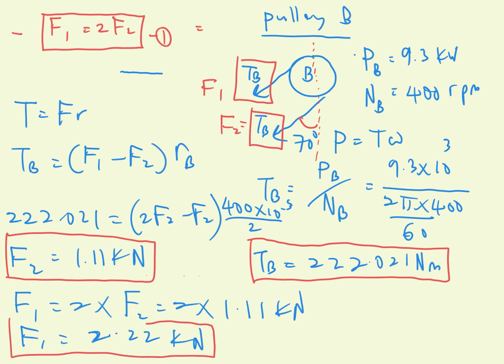This is the value of tension on the tight side for pulley B, and F2 is the value for tension on the slack side.